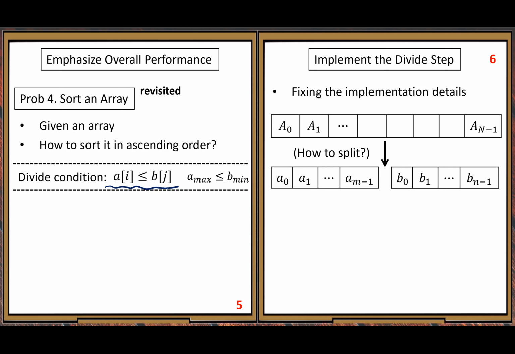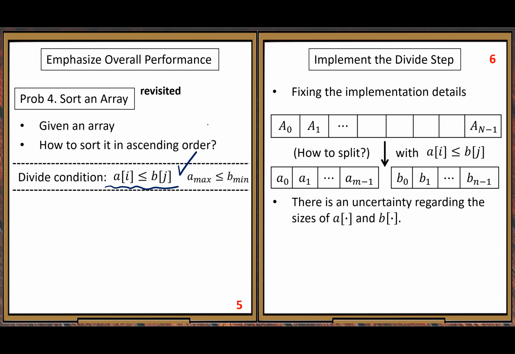You have to do the necessary element moving work. The question of how to move the elements to make this condition hold is the main work we need to do in this step. Let's look at that part.